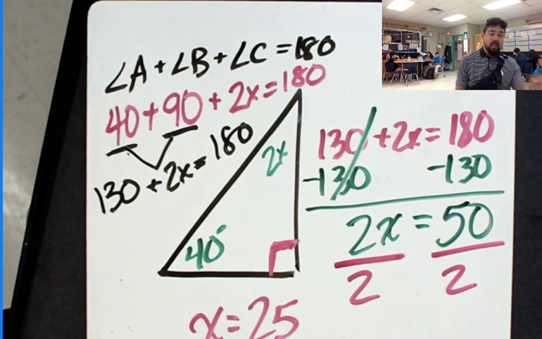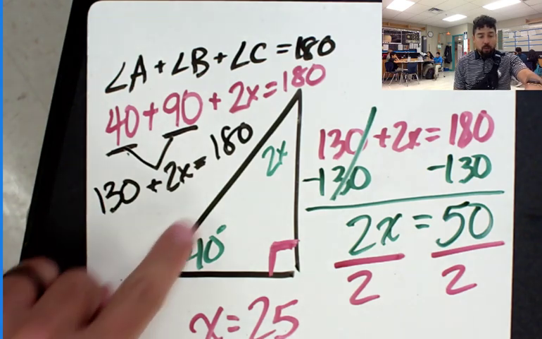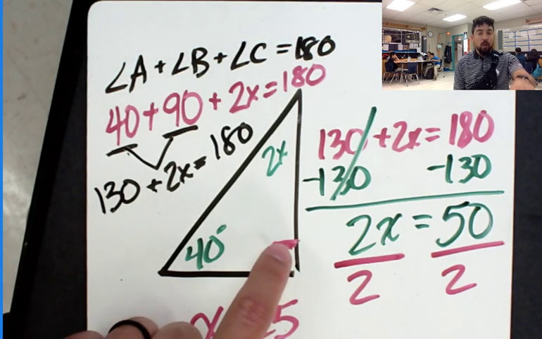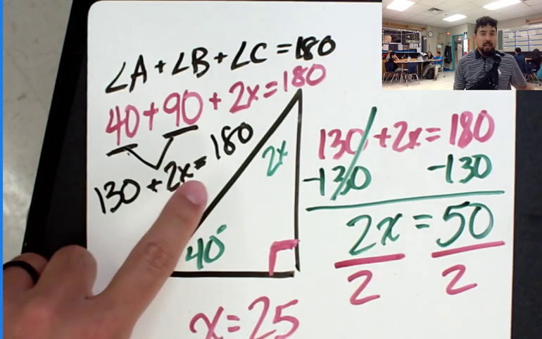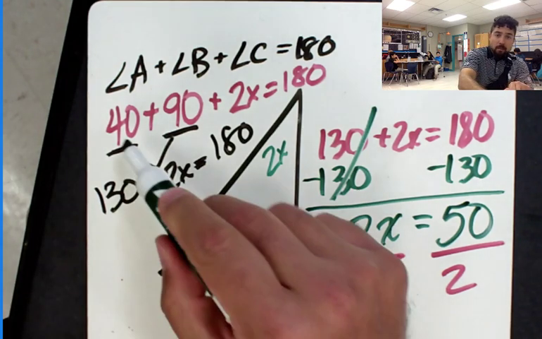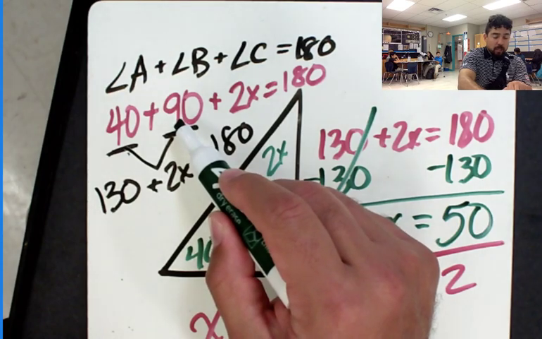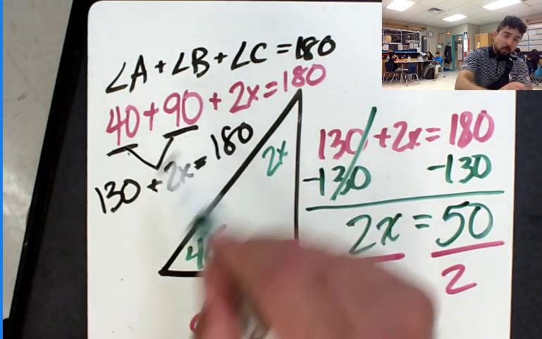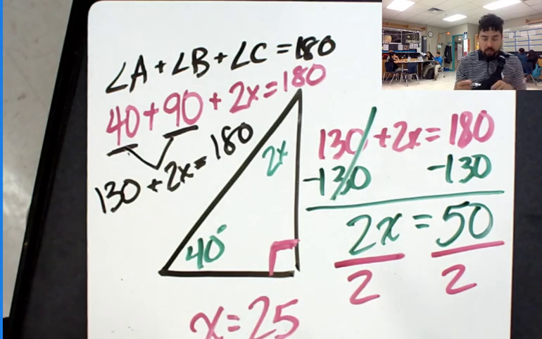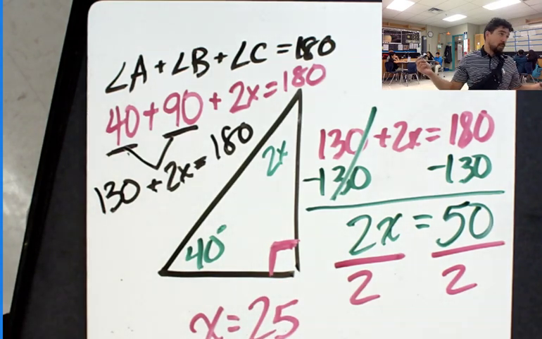That's exactly what we did. We did 40 plus 2x plus 90. We knew this was 90 degrees by the little square. We set it equal to 180. We combined the like terms. 40 and 90 were alike because they do not have a variable. So we combined those two terms. We ended up with 130 plus 2x equals 180. It was a two-step equation, and we just solved it like we normally solve two-step equations.